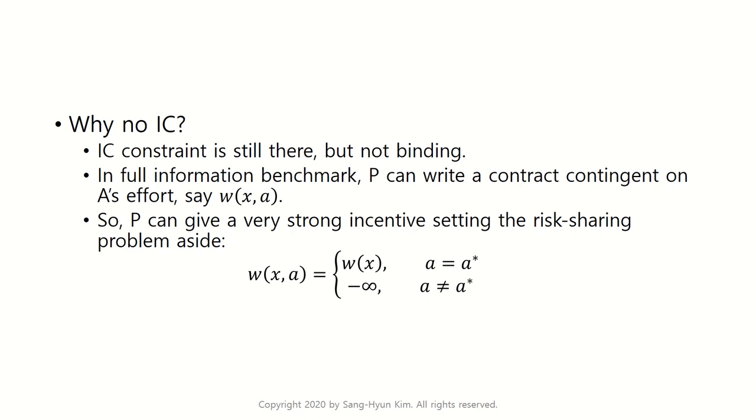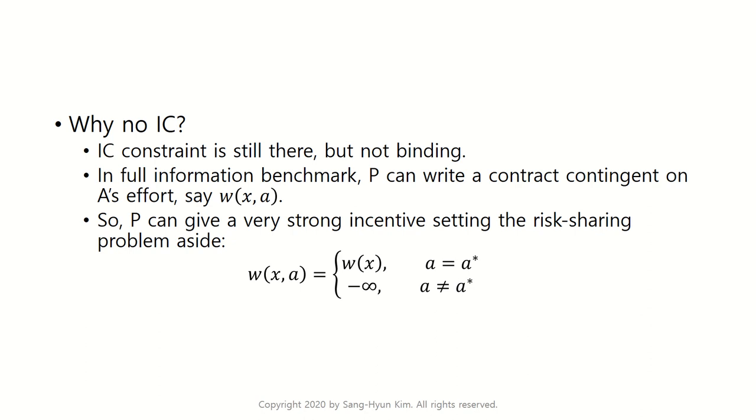The incentive problem is still there, but it is trivial. It's already taken care of, so that's why we don't need to consider IC again. Okay, so that's the reason why we didn't see the IC constraint in the principal's problem.